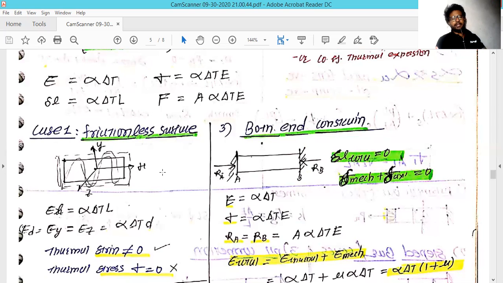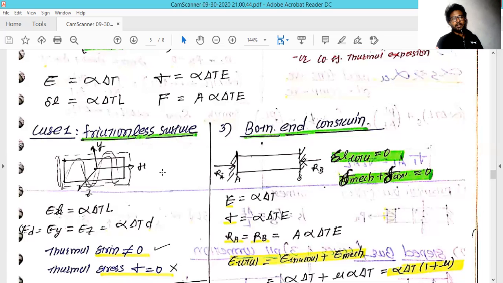If you need to find the strain developed inside that rod, or the change in dimension due to the heating or cooling process: to find the change in length, as we see in the fourth equation above, change in length is alpha delta T into L. And for the other dimension, in the y and z direction, which is the diameter of that rod, if you replace the length with diameter, the change in diameter equals alpha delta T into diameter.